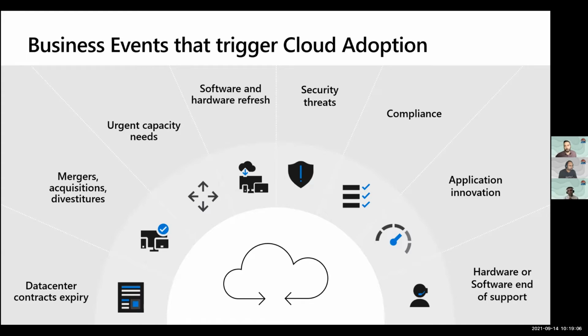But we just want to make sure you as a company pick what is that business need you are trying to solve for your customers or for your business, right? It could be data center expiration, it could be app innovation or modernization, or maybe some capacity needs. So once you figure out what is that business need, right?